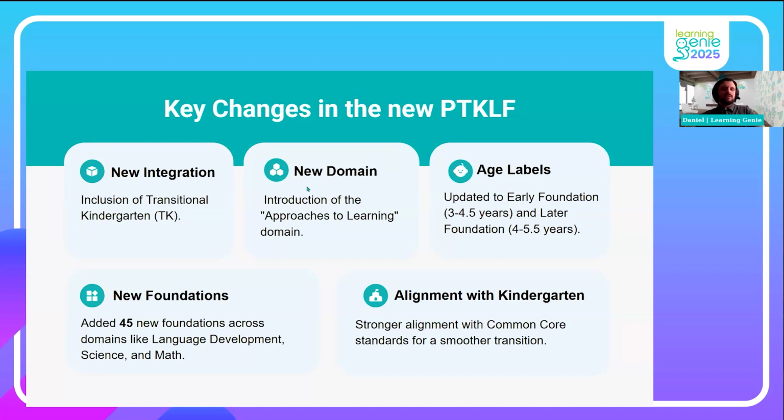Then the new domain, they integrated approaches to learning. Of course, if you use DRDP, you might already be familiar with it. Then the age labels for preschool, for early foundation, it's from 3 years to 4.5. And then for TK, later foundation from 4 to 5.5 years old.